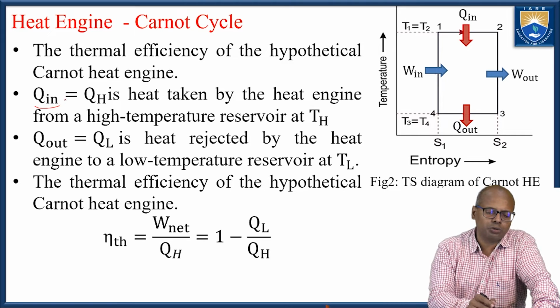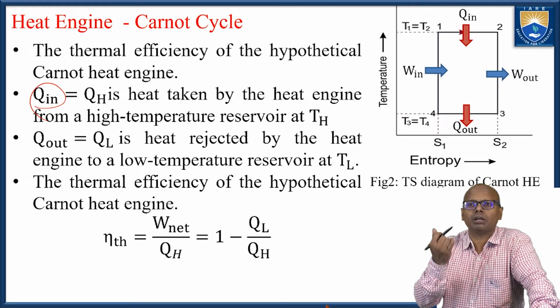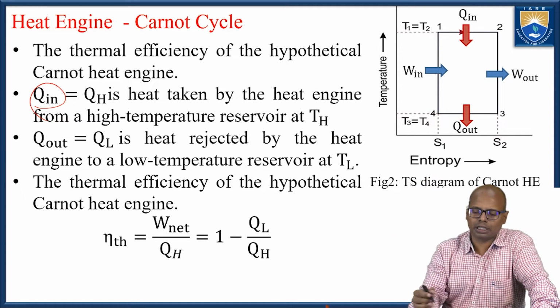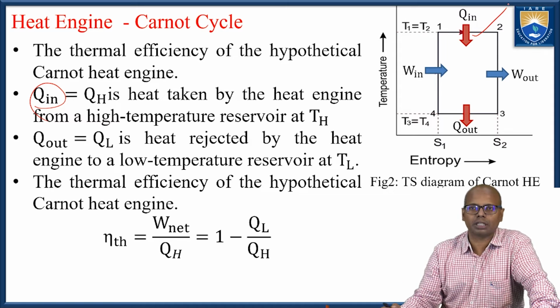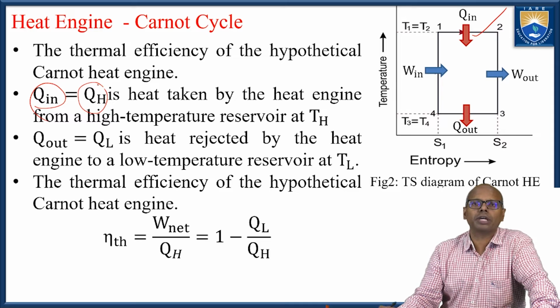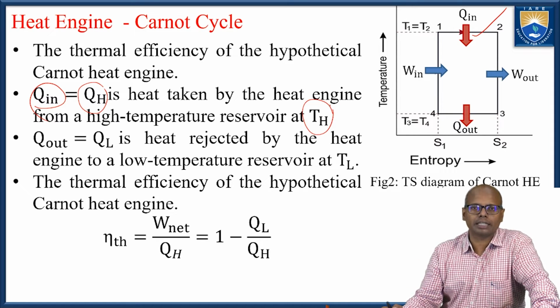Here Q in is the amount of heat taken by the heat engine from the high temperature reservoir. This is the high temperature reservoir, so I am naming it QH. Whatever heat is taken from the high temperature reservoir is Q in, in the case of a heat engine.